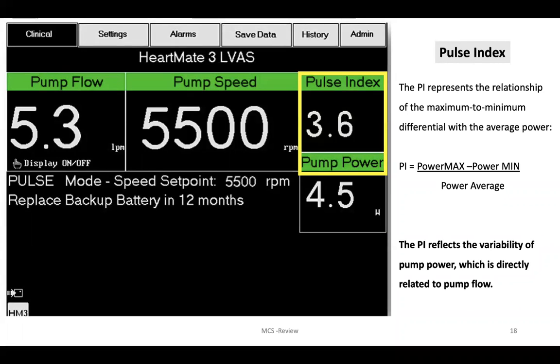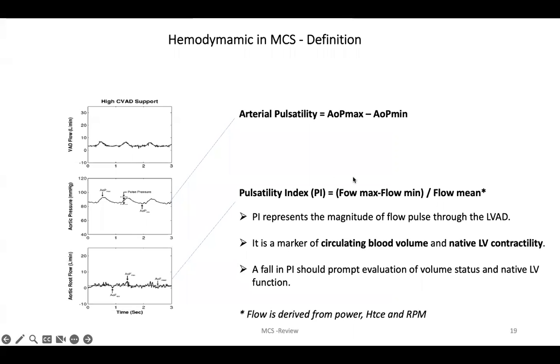You can also use the flow: the maximum flow minus minimum flow over the flow average, and you're going to have the same estimate. The PI reflects the variability of the pump power, which is directly related to the variability of the pump flow. So basically, it reflects what's going on through the pump, and you're going to get a lot of information from that.